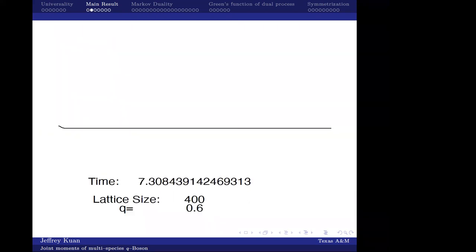So I have an animation here too. We consider step initial conditions, where you have infinitely many particles here, and particles just jump in from the origin. As particles jump in, you can see that this thing is going to grow.